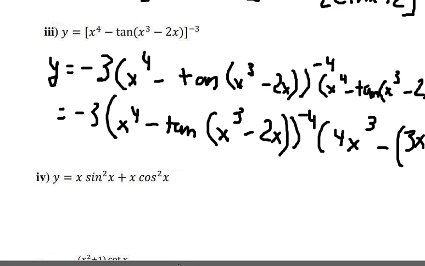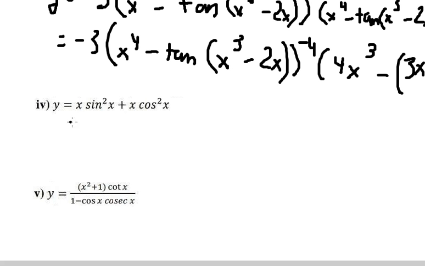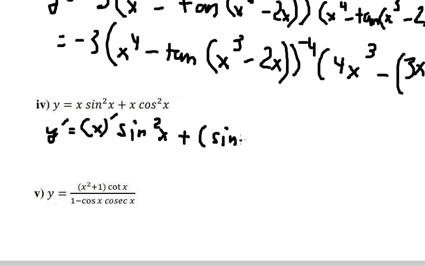Now let's go to the next one. This one we apply the product rule of derivatives. So we do the first derivative of x multiplied by sine x squared. Later, we do the first derivative of sine x squared multiplied by x.